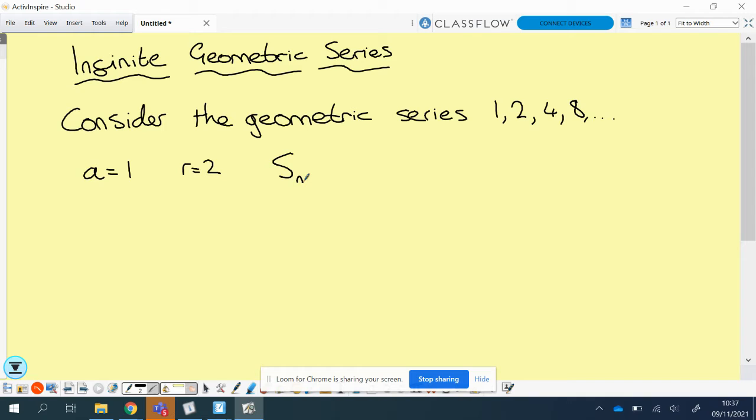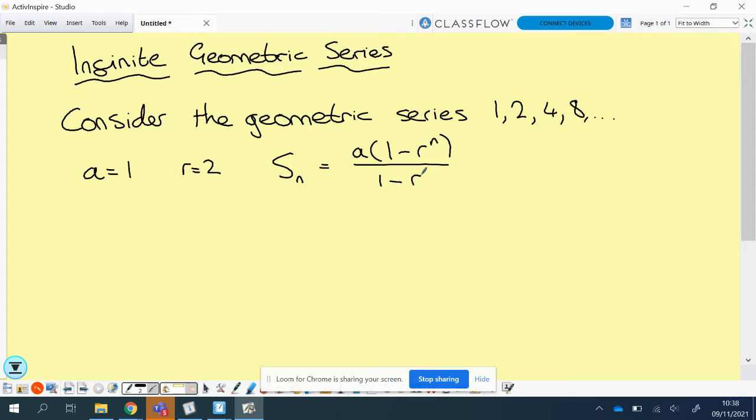up to say the n terms, what that would look like is a bracket 1 minus r to the power n over 1 minus r. Okay, so that's the formula we've got.